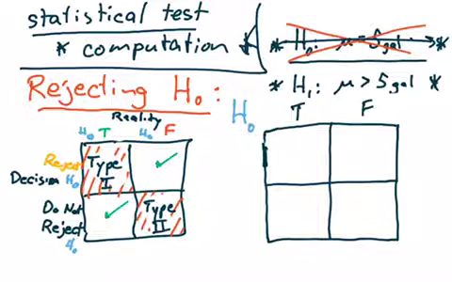And in this row we reject H subscript 0, and here the last row we don't reject H subscript 0. All right, and so for this particular situation, the analogy that we're going to consider is this. There is a defendant who is on trial, okay?